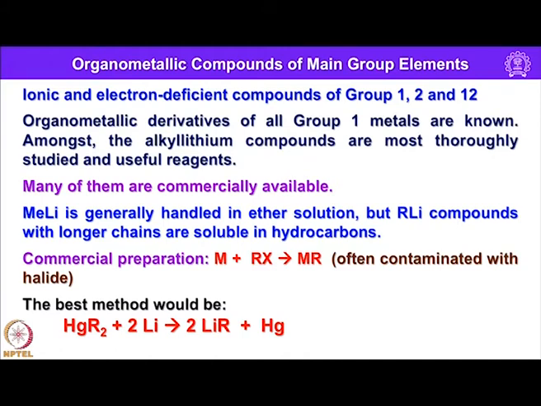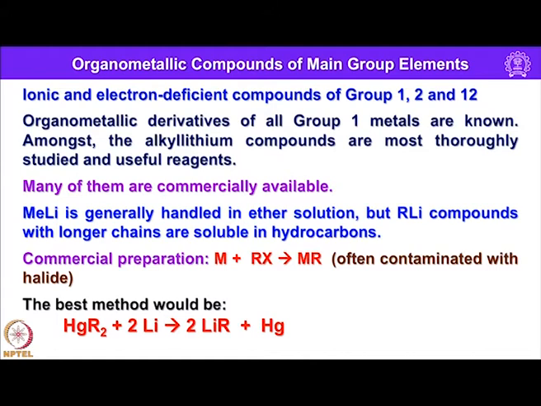So, n-butyl lithium, phenyl lithium, tert-butyl lithium, all those things in different concentrations, mostly in hexane or pentane, 1 molar solution, 1.6 molar solution or 2.5 molar solution in 100 ml or 500 ml or 1000 ml containers. So, methyl lithium is generally handled in ether solution, but Li compounds with longer chains are soluble in hydrocarbons.